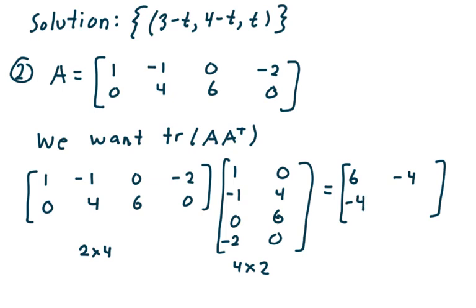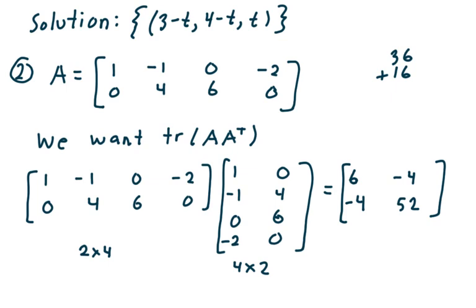And in the lower right-hand corner, we get 0, 16, plus 36, which is 52, right? So I'm old school, you guys. So 36 plus 16. That looks like 52 to me, right? So that's what A transpose looks like.